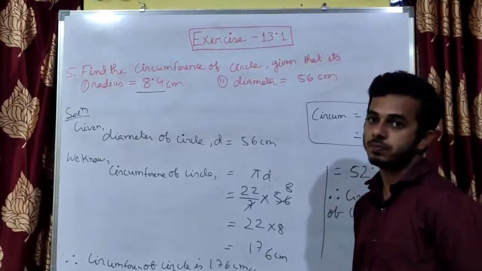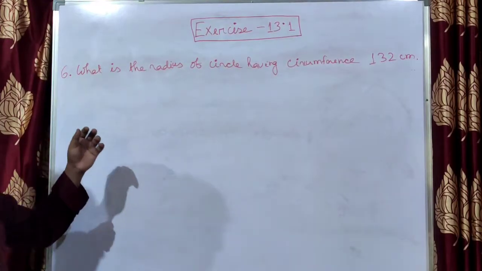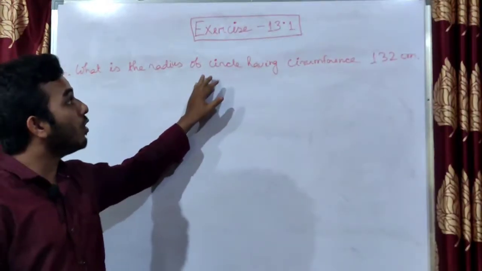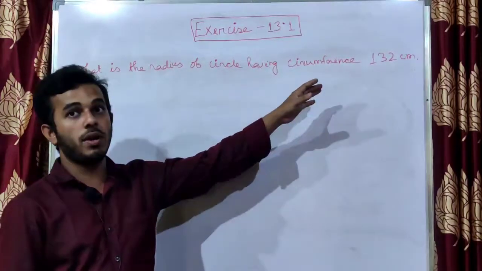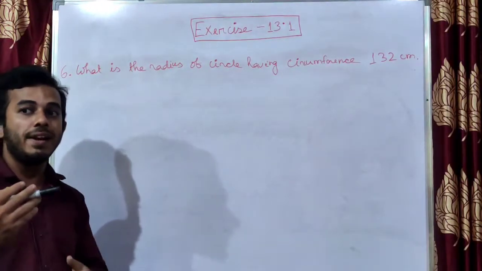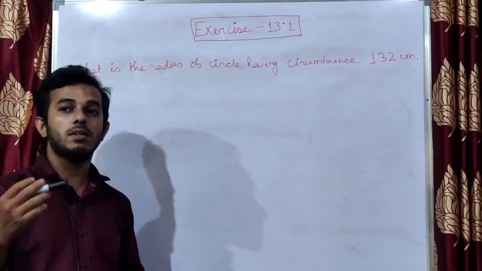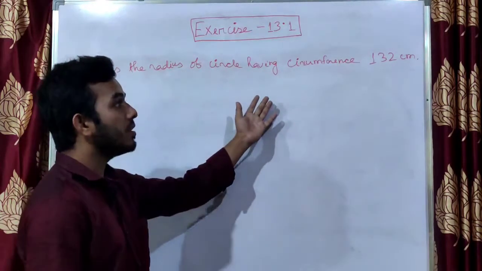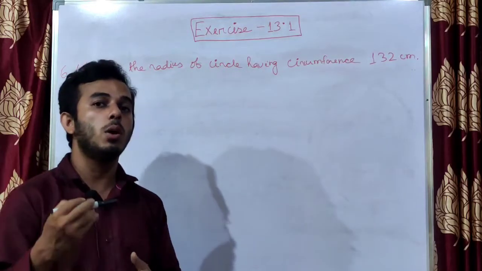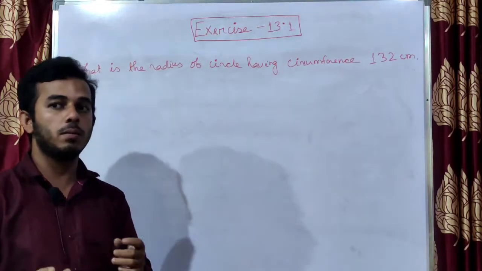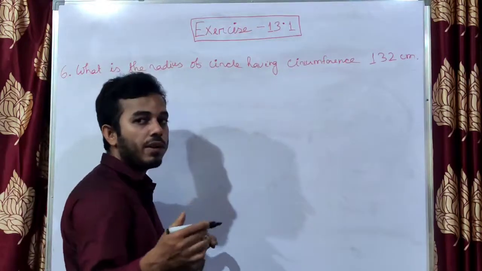Finish. So now next we move to our 6th question. What is the radius of circle having circumference 132 centimeter? Till now we are finding circumference. There radius was given, diameter was given, but now circumference is given and we have to find radius. So let us discuss a bit before solving. We know circumference of circle.